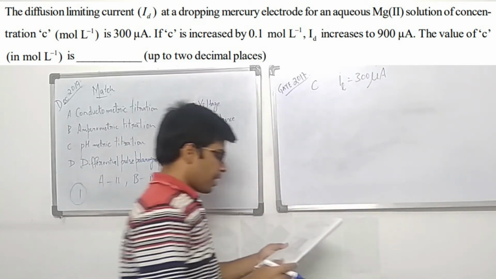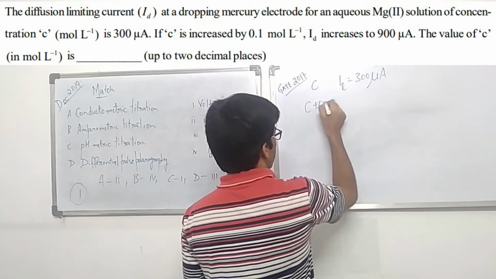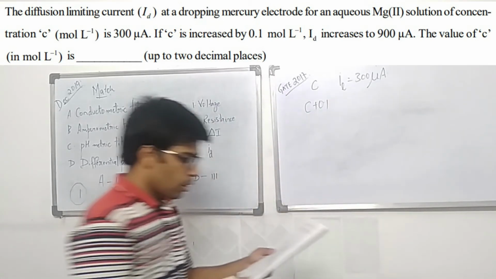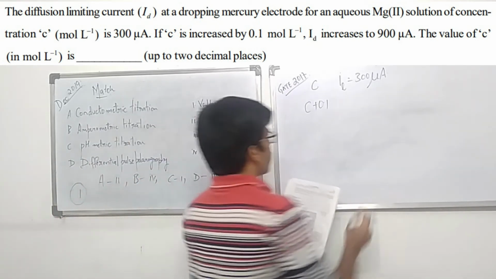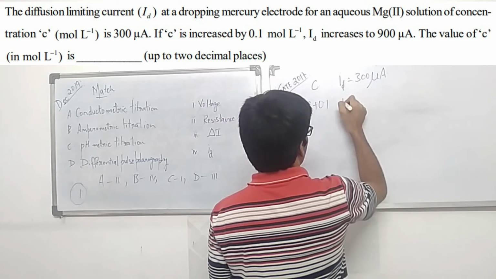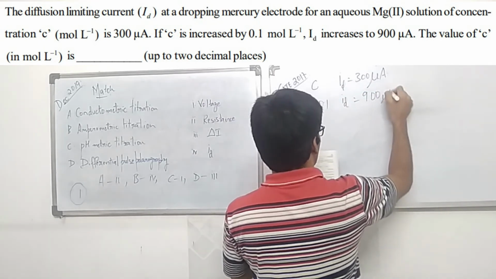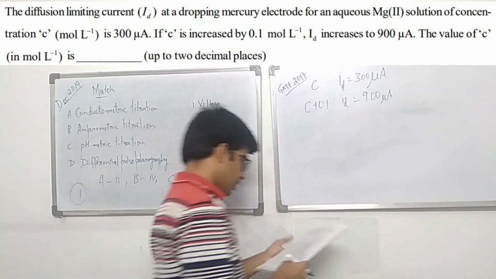Now they say that if the concentration is increased by 0.1 moles per liter, the diffusion current ID increases to 900 microampere, and you are asked for the value of C.